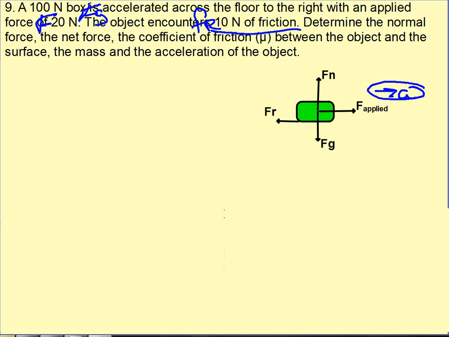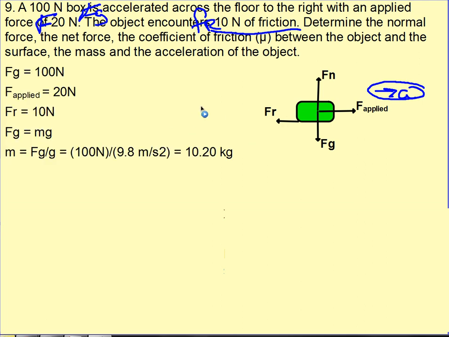Next, write out your givens clearly. Fg is 100 newtons. I told you it was the weight, and I gave it to you in newtons. The applied force is 20. Friction is 10.